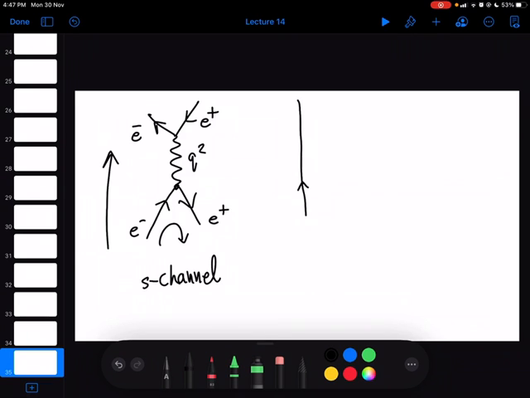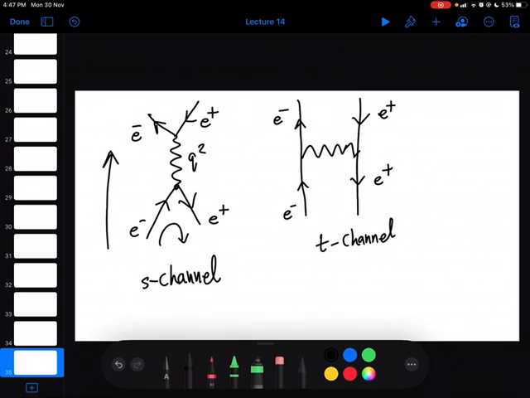So what about electron goes to electron, similar to the Møller scattering? Electron to electron, and positron going to positron. Is this diagram allowed?